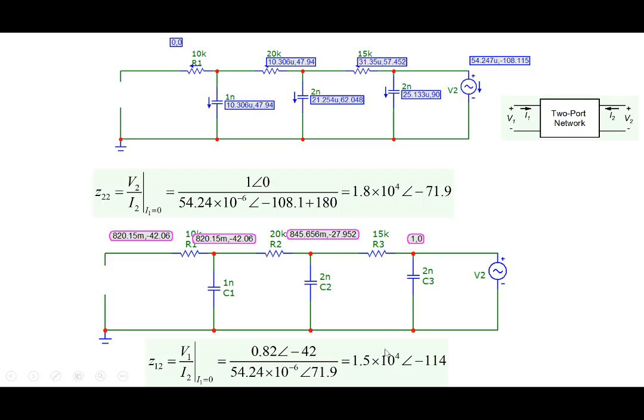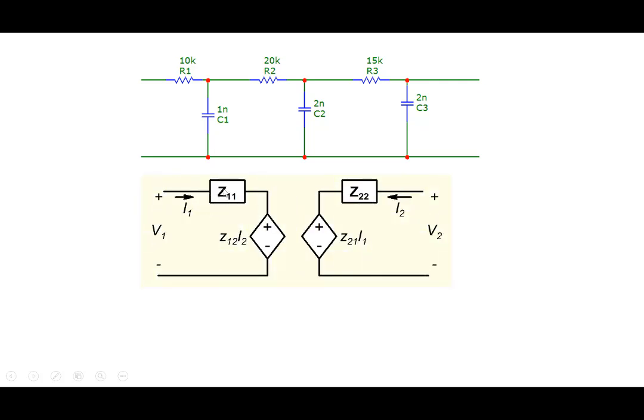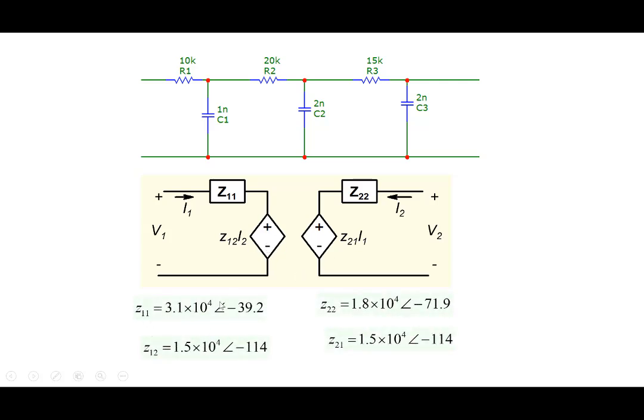Okay. So in summary, what we are saying is this piece of circuit that you see here, we can represent it in the form of 4 elements: Z11, Z12, Z21, Z22, 2 impedances and 2 current dependent voltage sources, and these are the values here. Z11 is here, Z22 here, Z12 and Z21 here.